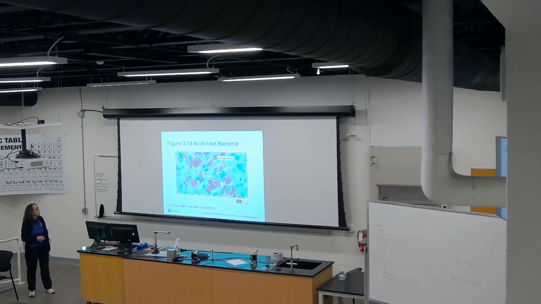If everything works well in your mixed sample, you will end up with red microorganisms like Mycobacterium tuberculosis. It's hard to see with this projector, but everything that is blue is non-acid fast, and everything that is red, in this case Mycobacterium tuberculosis, is acid fast.